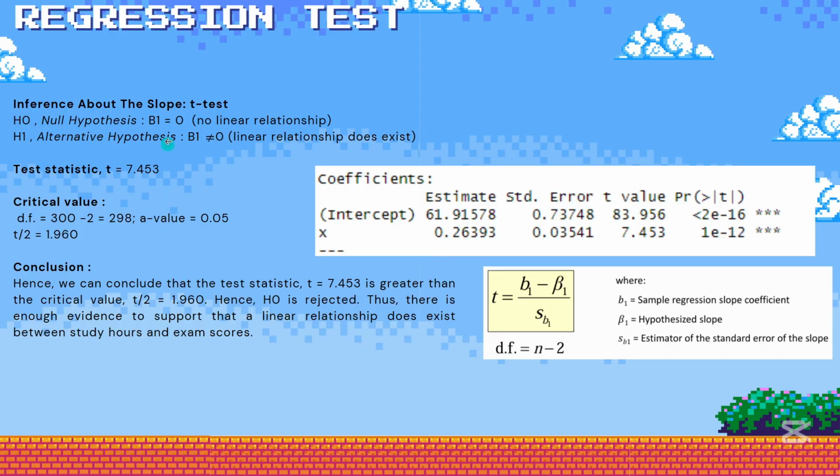So we have two values, and we compare them to make a conclusion. Our test statistic is greater than our critical value, so we reject our null hypothesis. Therefore, we can conclude that there is enough evidence to support that a linear relationship does exist between study hours and exam score. That's all for the regression test.